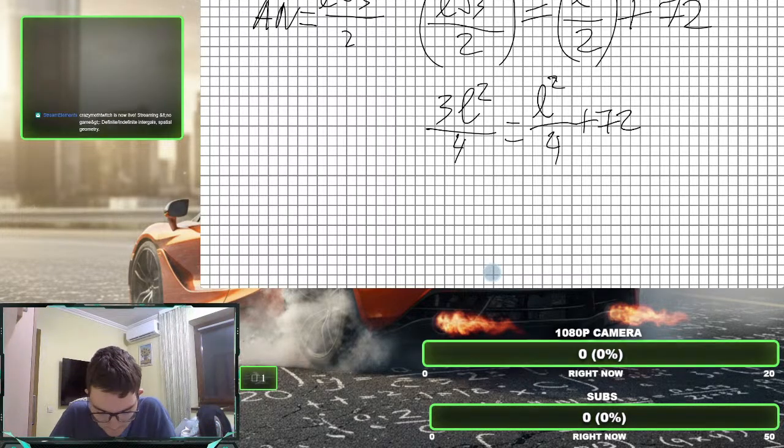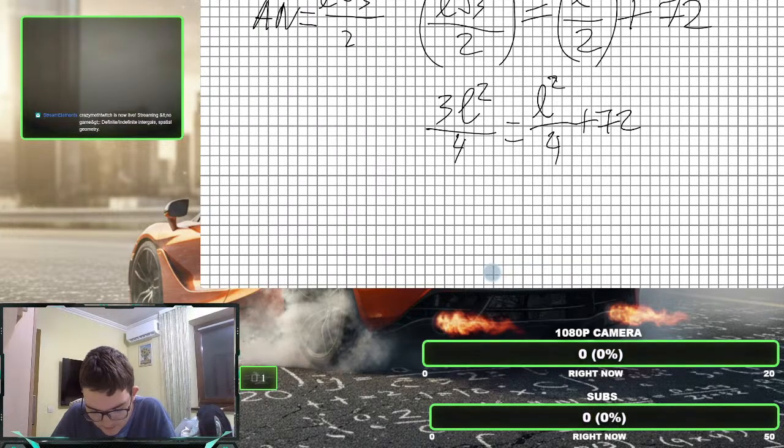Basically, if I move the L thing to the left, it will get minused away. It doesn't make sense. So this means that I have to move 3L squared towards the L second power.